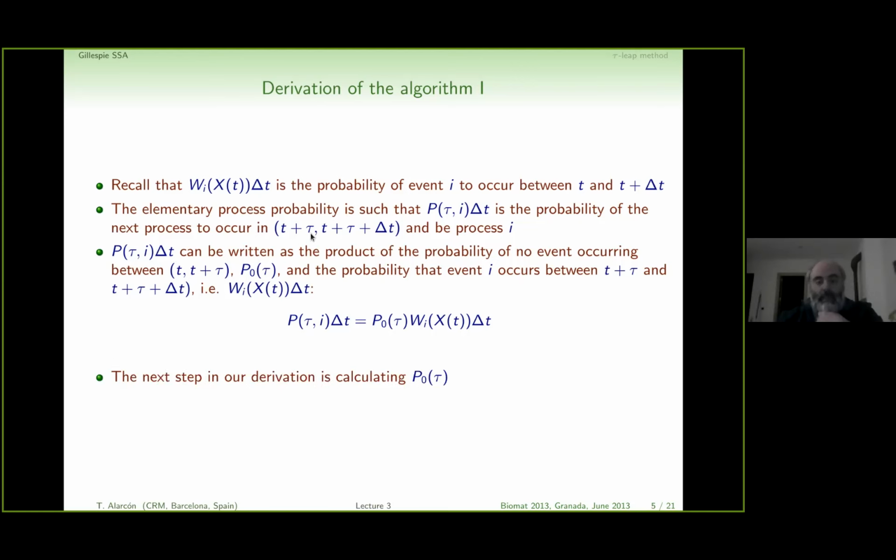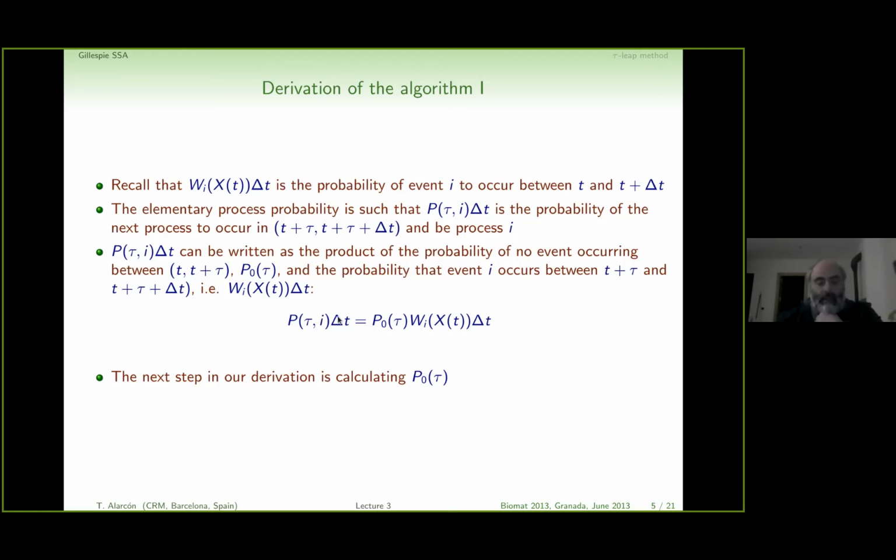So this implies that nothing has occurred between t and t plus tau, so the state of the system at time t plus tau is still x of t, because we are conditioning to nothing happening between t and t plus tau. And this is why we can write this in this way.